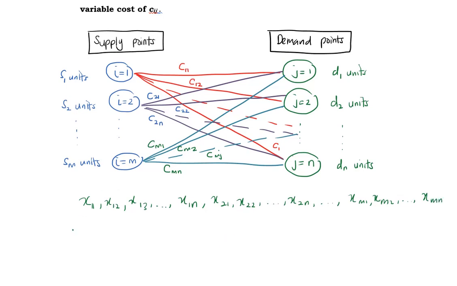We know that the number of variables in a transportation problem is m times n.